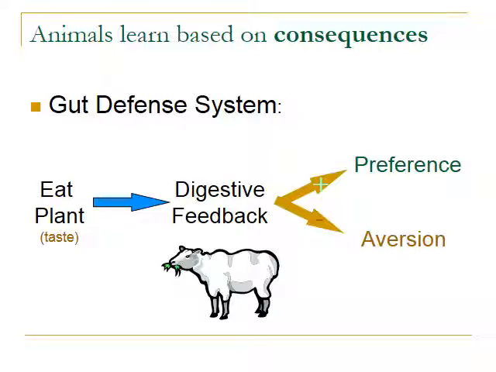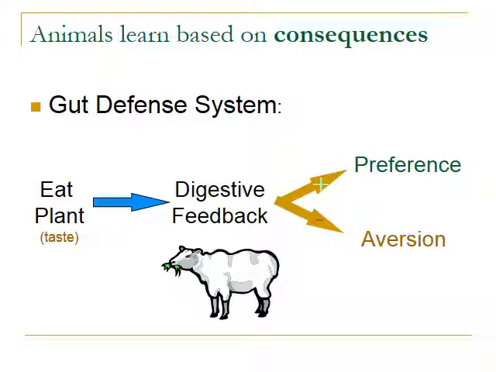The gut defense system is quite different. An animal eats a plant, tastes a plant, and minutes or hours later it will have some digestive feedback. If that digestive feedback is positive, like they get an energy boost or it satisfies a craving for nitrogen or for protein, they'll tend to form a preference for that food.